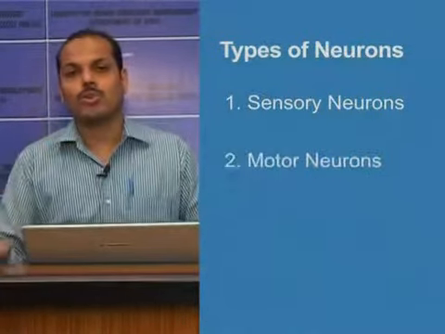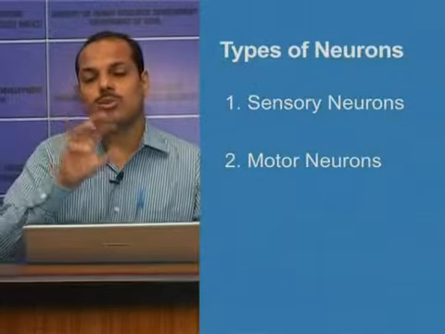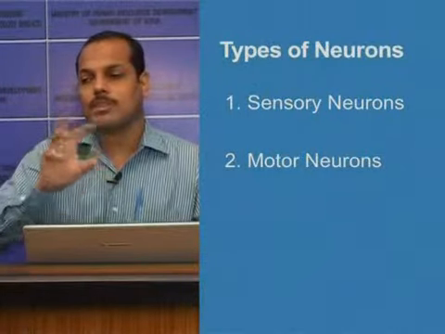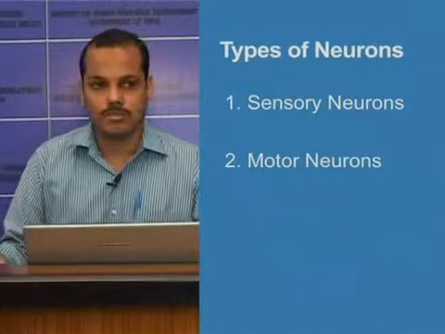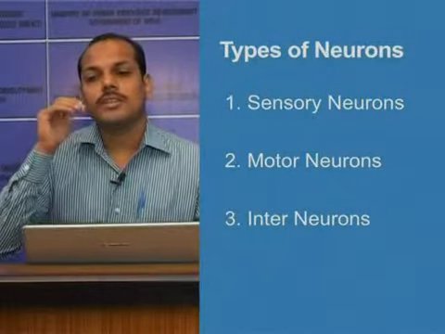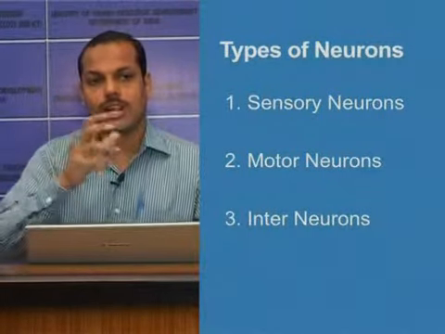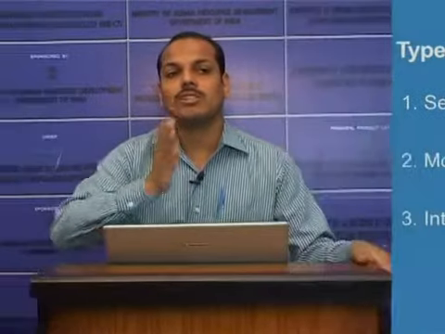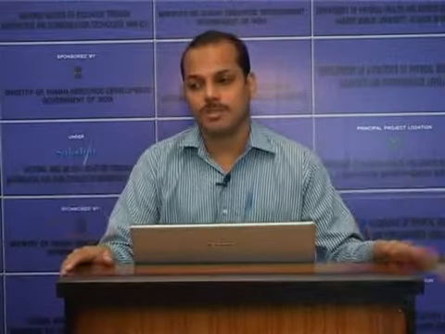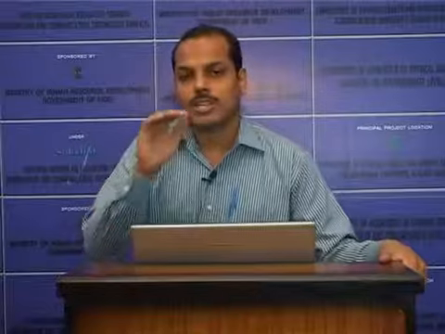Then there are motor neurons, which carry impulses away from the central nervous system. And there are interneurons, which carry information between other neurons. They are found only in the brain and spinal cord. So the first one is the sensory neuron, the second one is the motor neuron, and the third one is the interneuron.